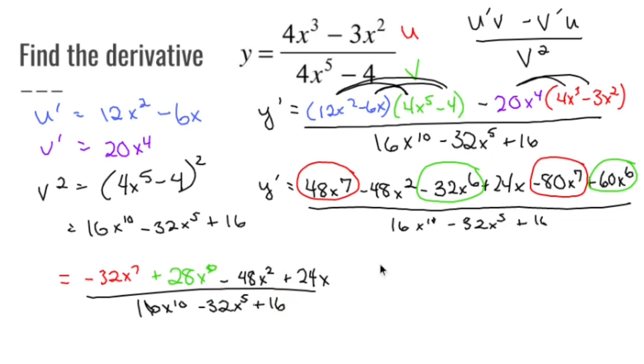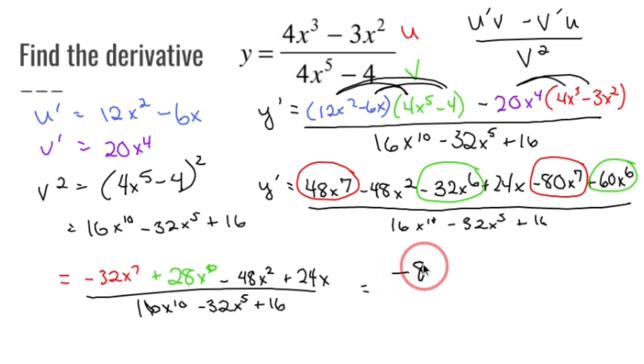The only thing that I can do, and I'm running out of space here, so I'm going to do this all in my head. I can factor out a 4 up top. I can factor out an x up top. But if I factor out an x up top, that does mean nothing for the bottom. But if I factor a 4 out on top and factor a 4 out on the bottom, all the 4s disappear. So what I'm going to do is literally divide each and every one of these by 4. That'll get me my final answer.